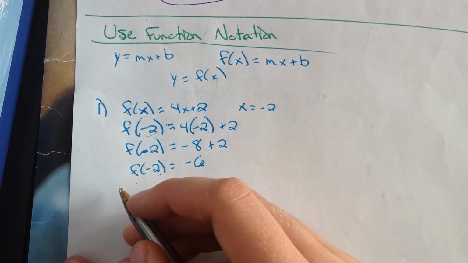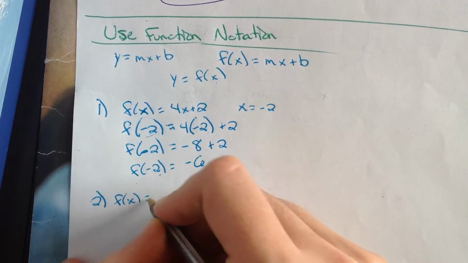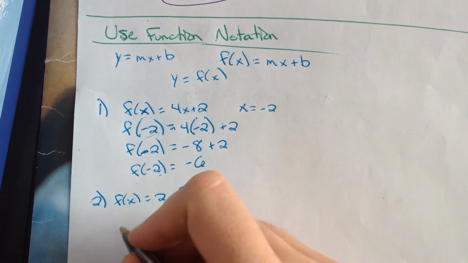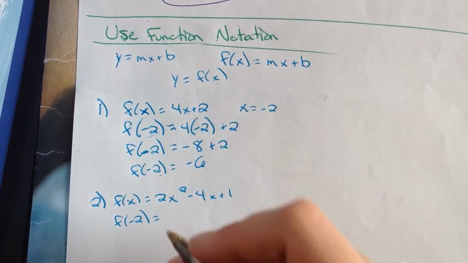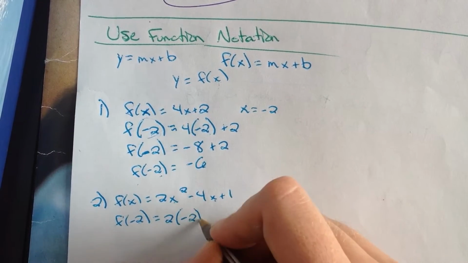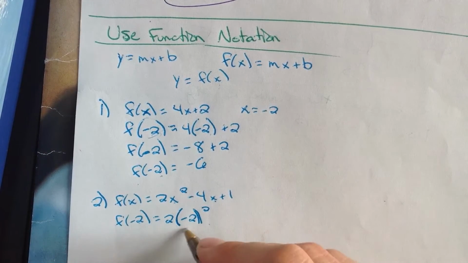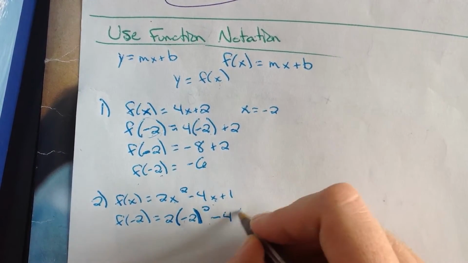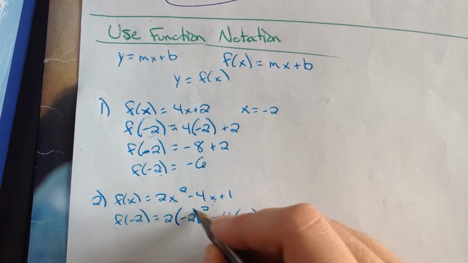notation. Say, for example, we're given the function f of x equals 2x squared minus 4x plus 1. Then f of negative 2, say we want to know the same value for x. For every x, we're going to plug in negative 2. So we get negative 2 squared. Key thing, if it's a negative, you really want to focus on writing in parentheses so that the power will apply to the negative symbol as well. If you stick it in your calculator without putting it in parentheses, you'll actually get the wrong sign depending on what the power is.